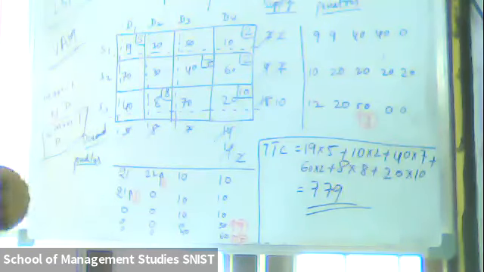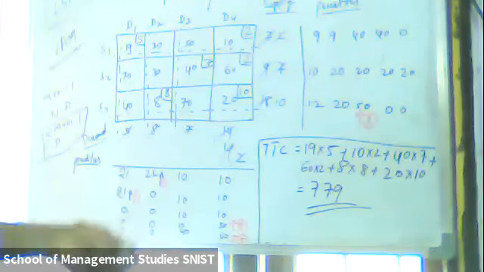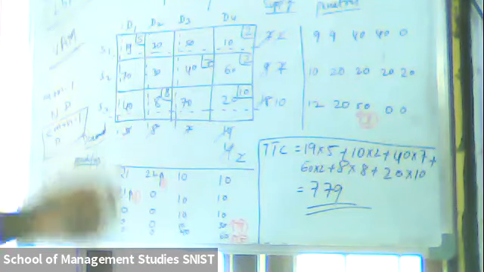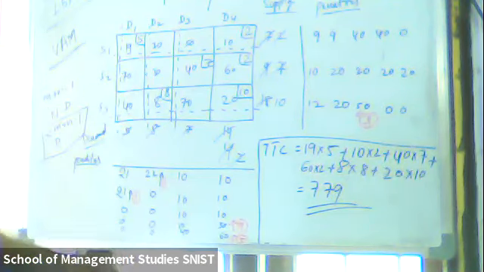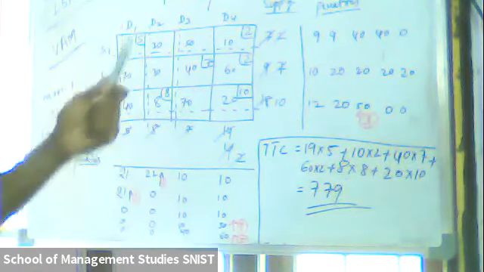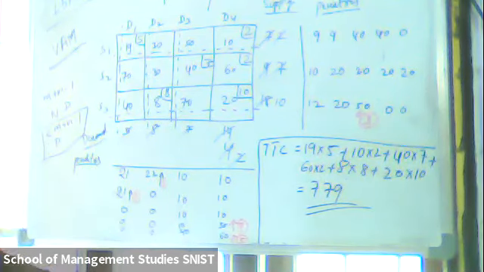Modi method. That's it. Clear? If you read, solve the following transportation problem by using northwest corner method or least cost method or Vogel's approximation method and find the optimality, then definitely you have to apply the Modi method.